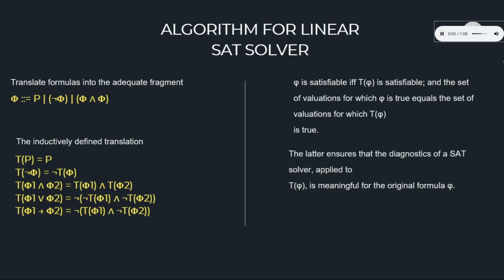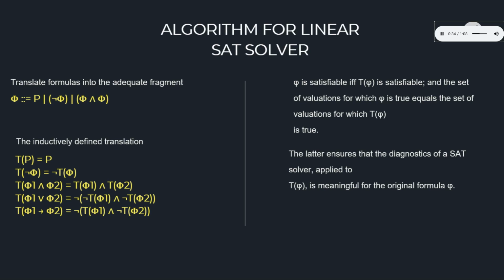The first step for the linear SAT solver is to transform the given formula such that the parse tree of the transformed formula consists of conjunction and negation nodes. The inductively defined translations on the bottom left of the slide show the procedure to transform the given formula.